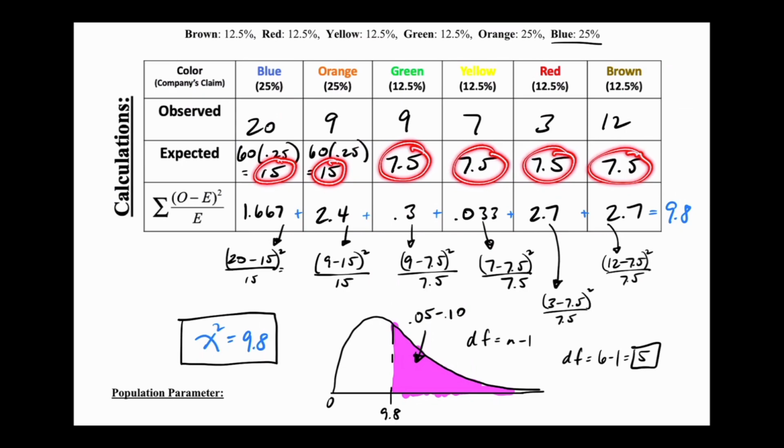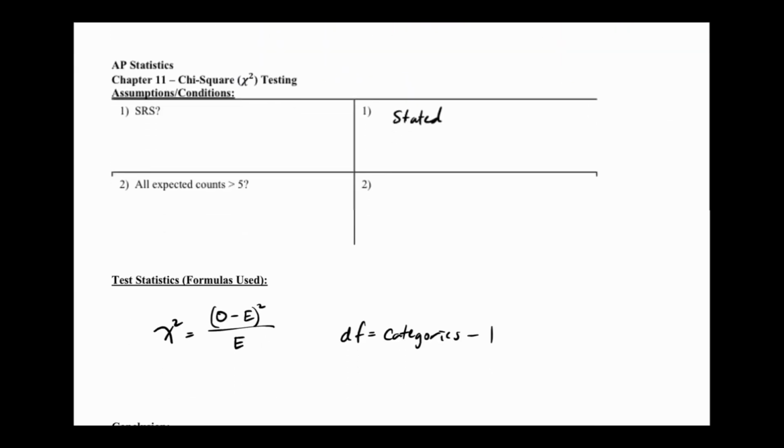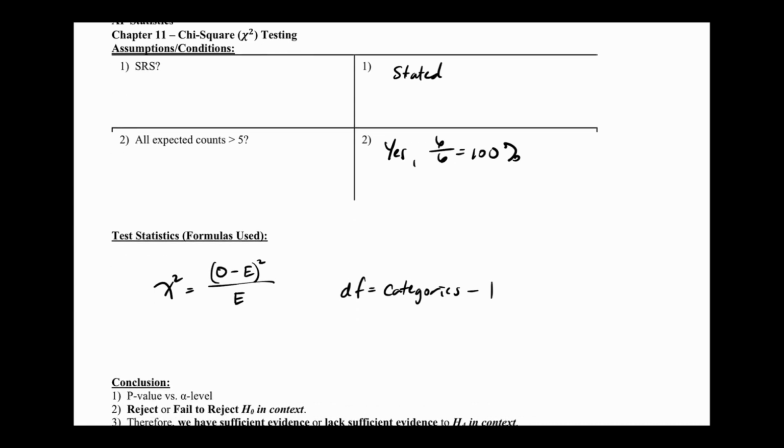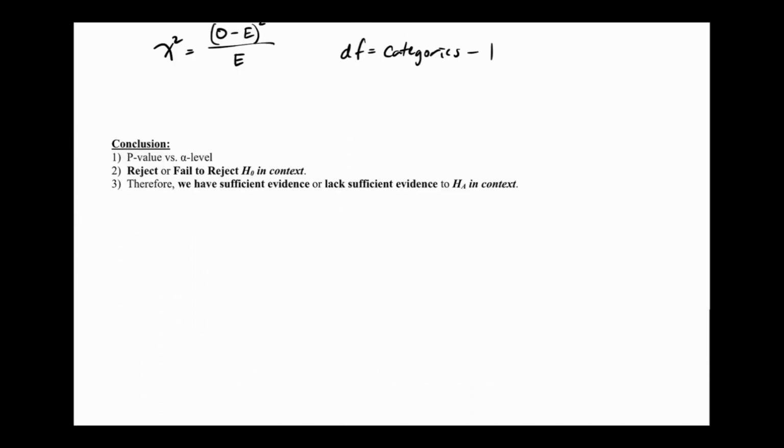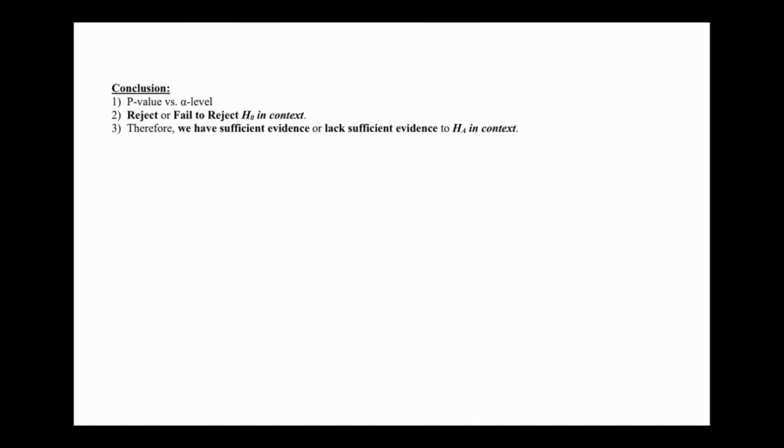So they all are bigger than 5. So we would say, yes, 6 out of 6 are bigger. So that's 100%. Okay. Our test statistic that we used, chi-square and degrees of freedom, we already did calculations, so we're good there. So the last thing is conclusion.